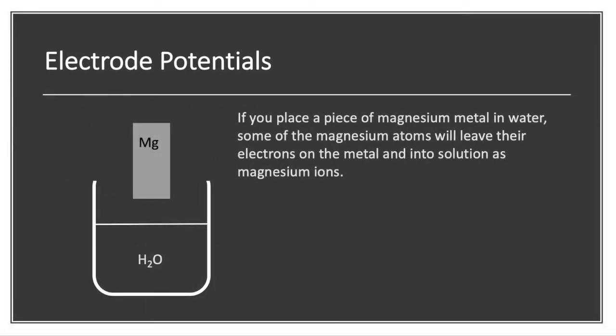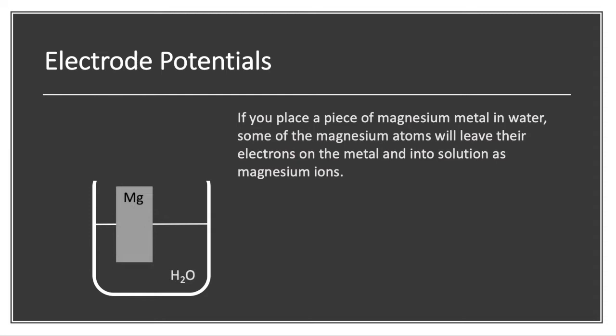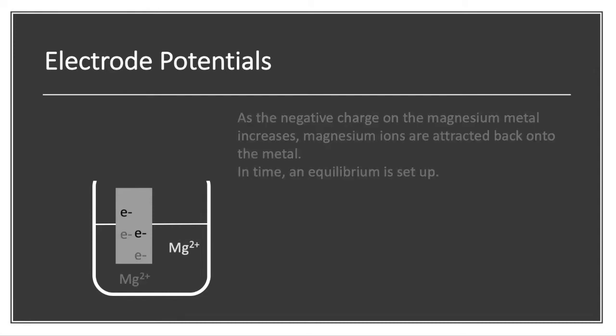Well, let's say we place a piece of magnesium in a solution of water. Over time, what will happen is that magnesium atoms will leave the electrons on the metal and they will go into solution as magnesium ions.